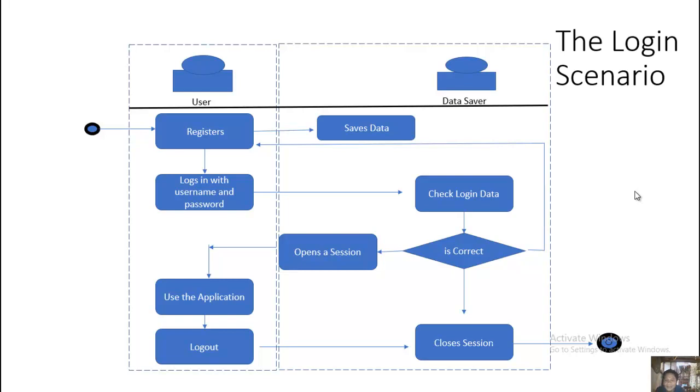Once the user logs in, the data saver checks the login data, and when it is correct, it opens a session. Once the user logs out, the data saver closes the session.